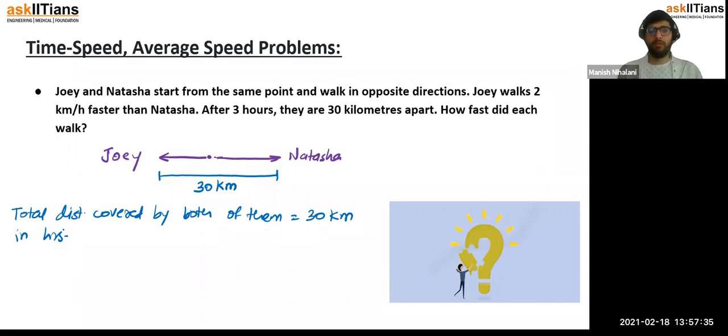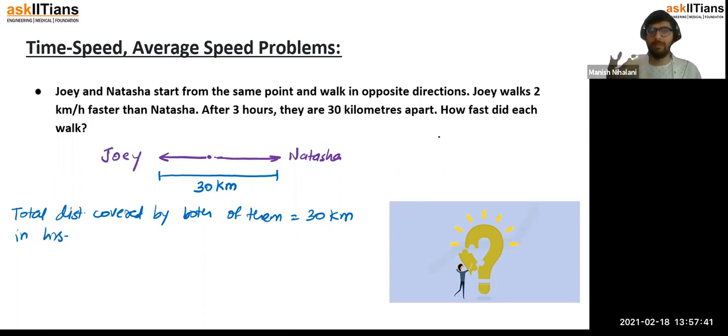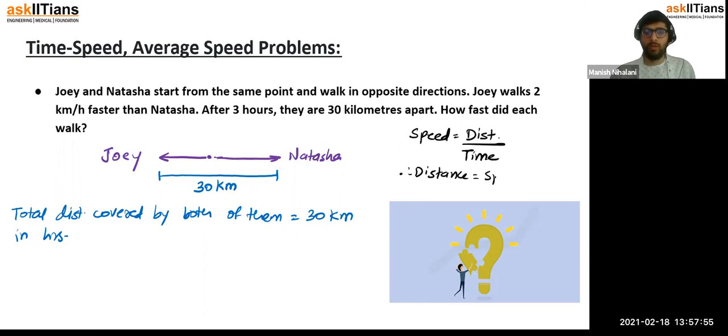We have learned one important formula in physics, the relation between speed, distance and time. Speed is equal to distance upon time, which implies distance is equal to speed into time.